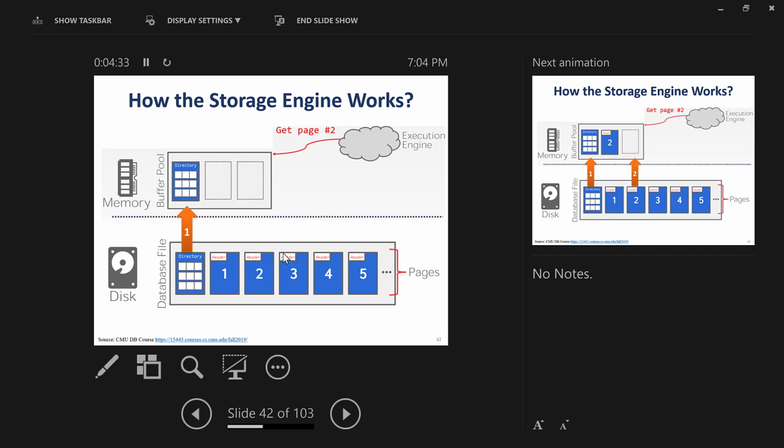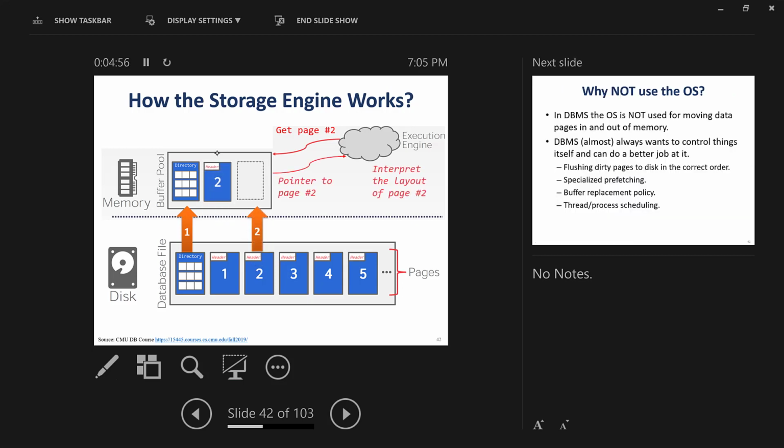we will look up the physical address, and then ask the disk manager to get us that particular page. So it's a two-step process. We get the dictionary and then we get the actual page. Once we get the page, we give a pointer to the caller, because this page is now in memory.